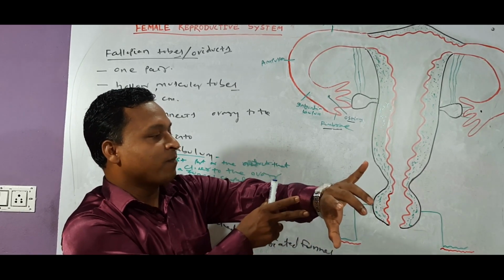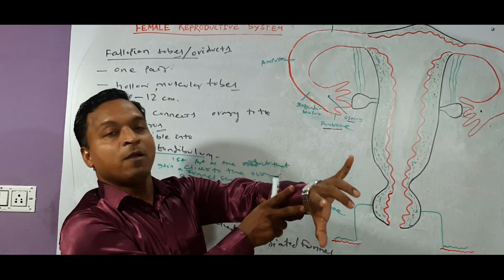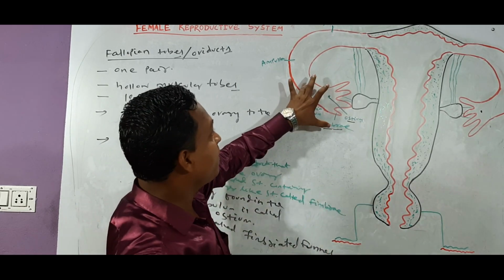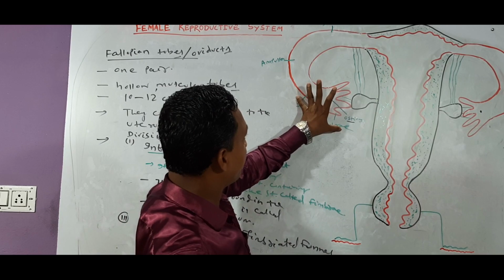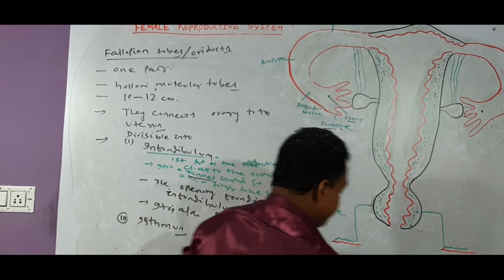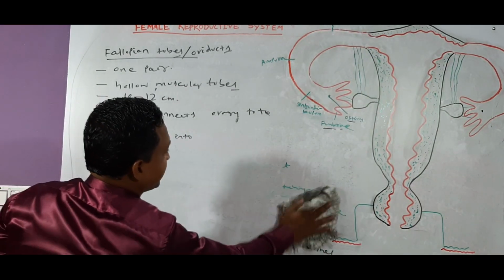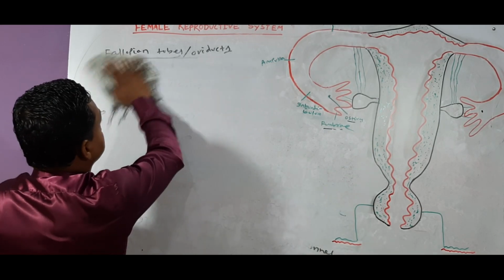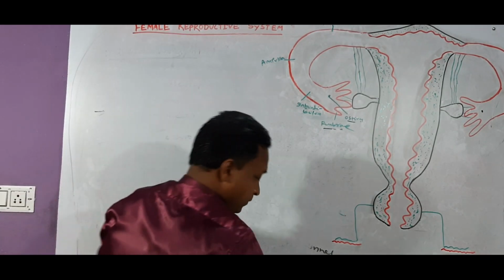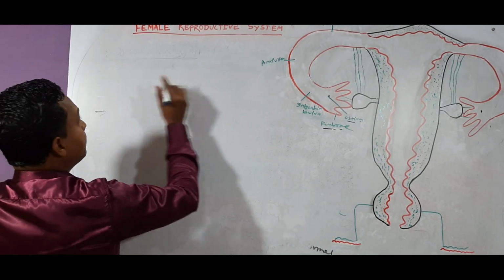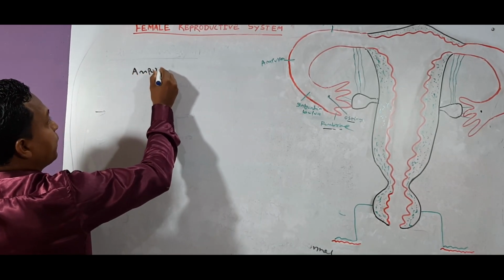Let us take the second part. It is the middle part found between infundibulum and isthmus. That is ampulla.